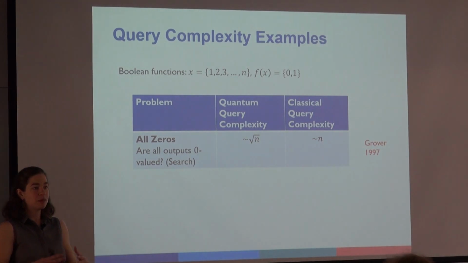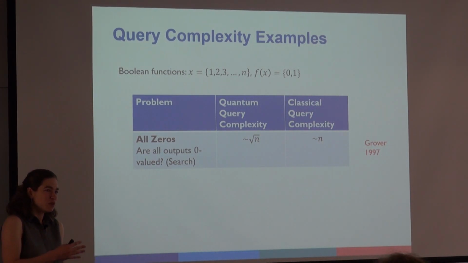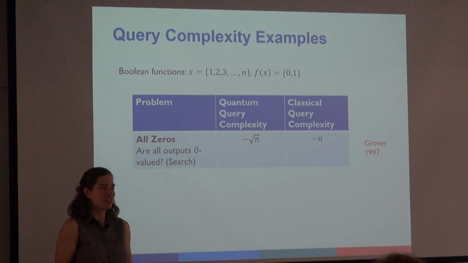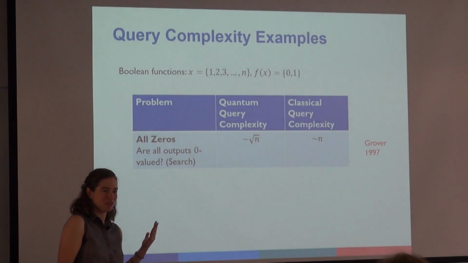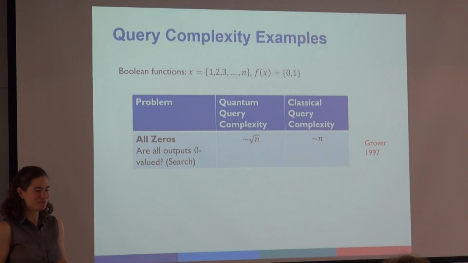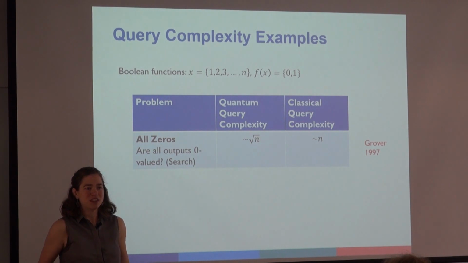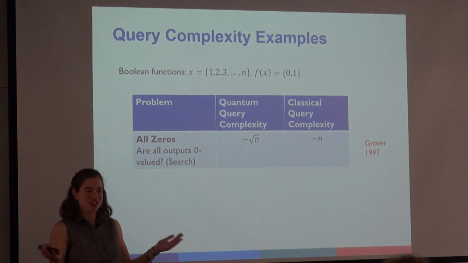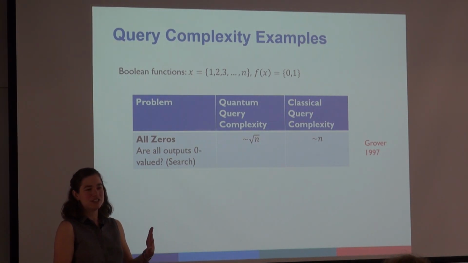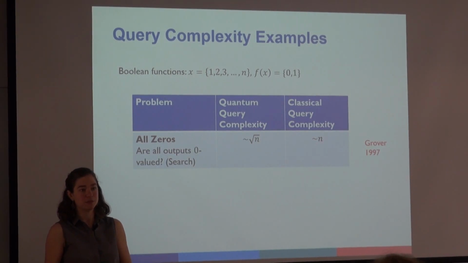So we're starting to see a little bit more of a speedup, but still, square root, it might not be worth investing $1 billion for a square root speedup. I don't know. So where were these speedups? I thought quantum computers were so great. But it turns out we have to look at different types of problems to get quantum speedups.